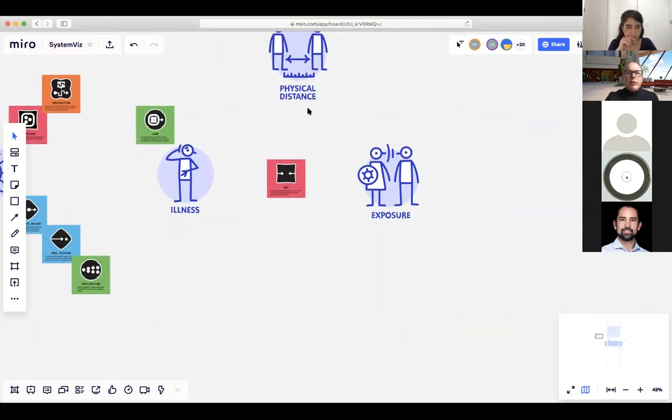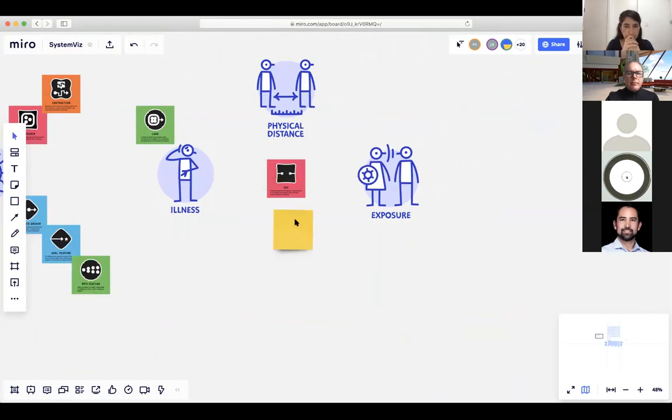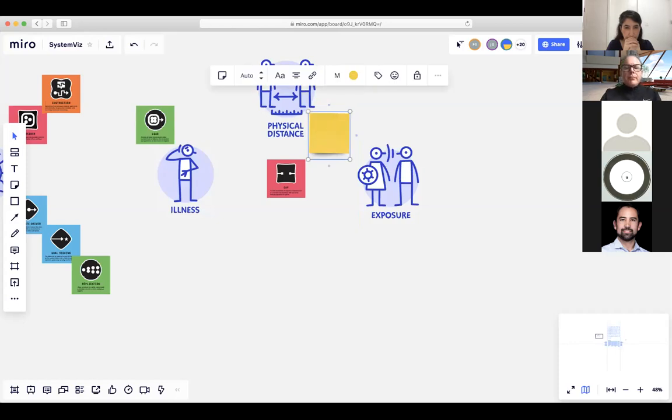Now, one of the things that we can do is increase that gap by increasing the physical distance, right? So we're increasing the gap. And we can annotate this by saying a meter, distance increase across.